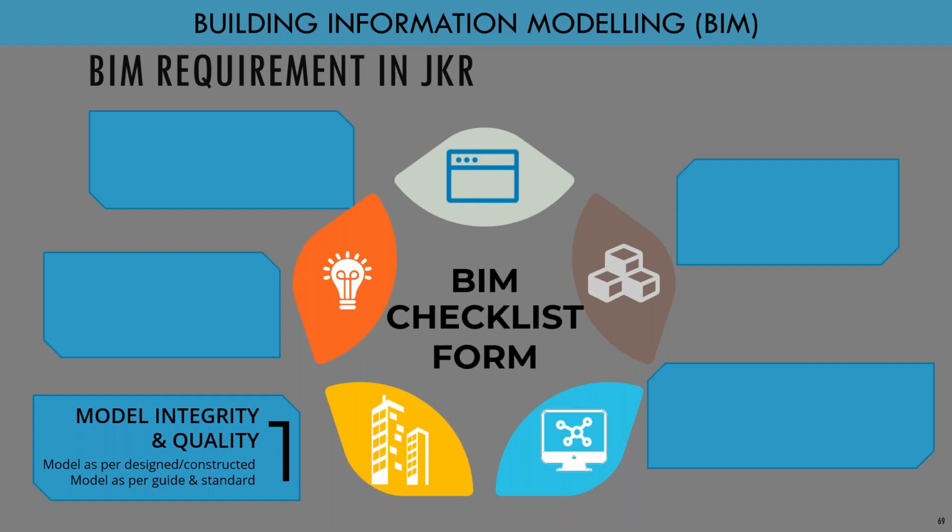We want to make sure the model is as per design or as constructed at the site, and the model is developed as per guide and standard. So this BIM checklist form, whoever is appointed for a JKR project, we will give this form so that the consultant or contractor can follow it accordingly to our needs.